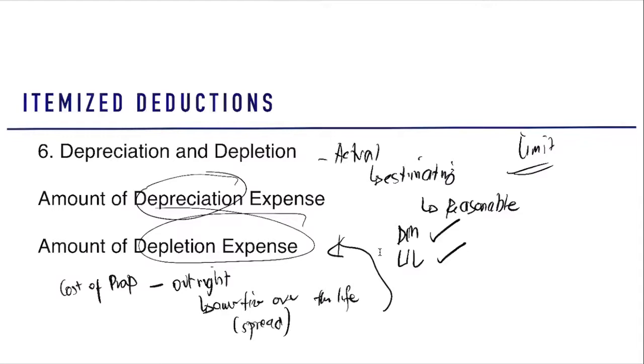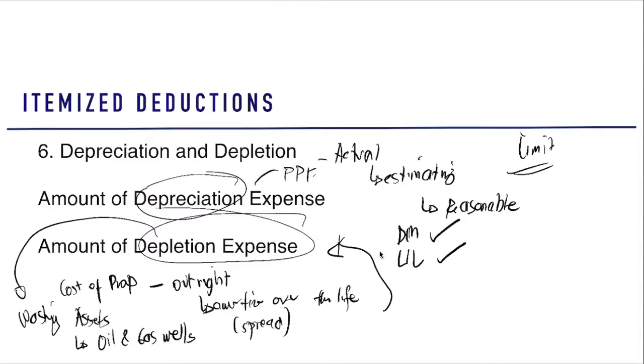This is now the result of it, your depreciation and your depletion. When do we incur your depreciation? Based on your property, plant, and equipment. Depletion is on your wasting assets. For tax purposes, our normal types of wasting assets are oil and gas wells.